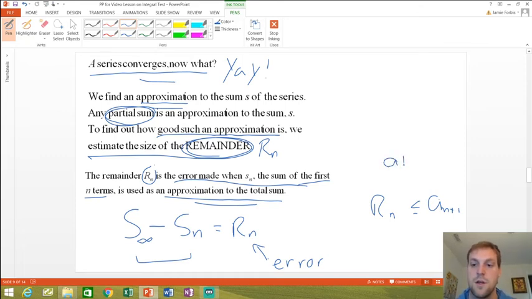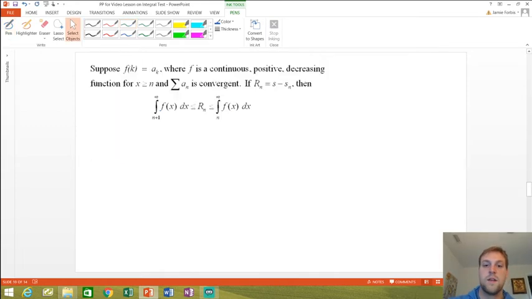But for the integral test, there is a different way to approximate the sum or the remainder. And that is this slide right here.